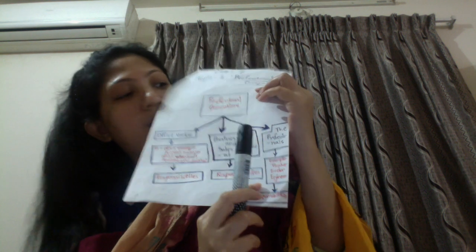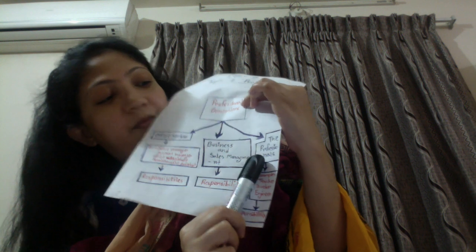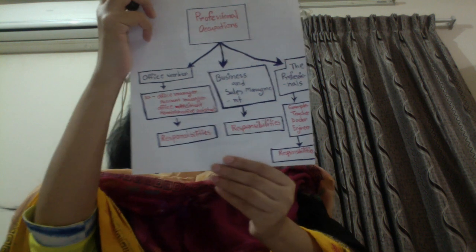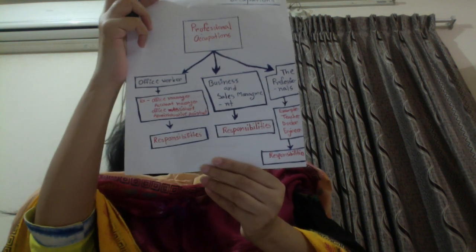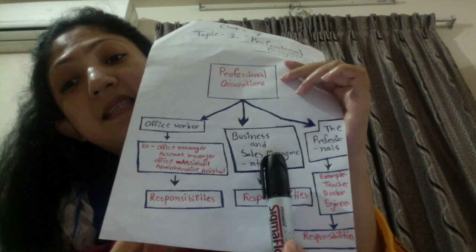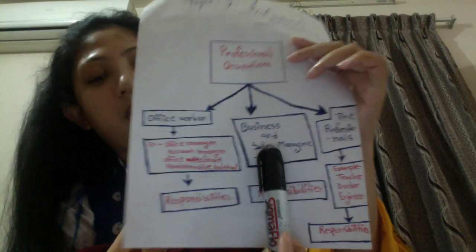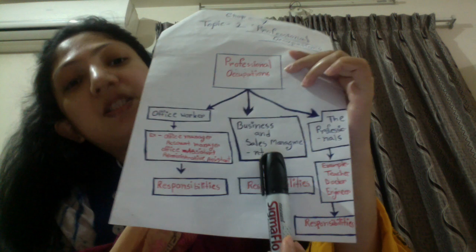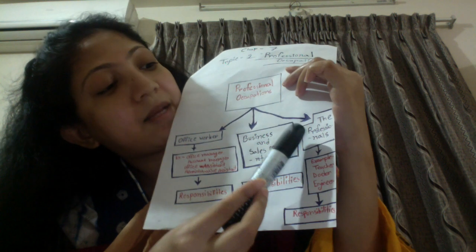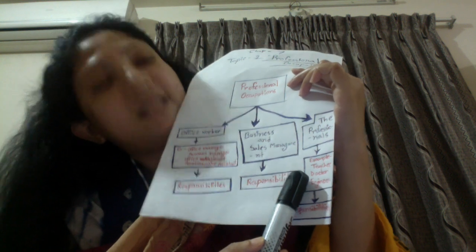Now we will discuss the professionals. What are the professionals? It is a type of job that requires advanced education or training. This is a kind of job that requires advanced training and education or skills. This is called the professionals. For example, teacher.